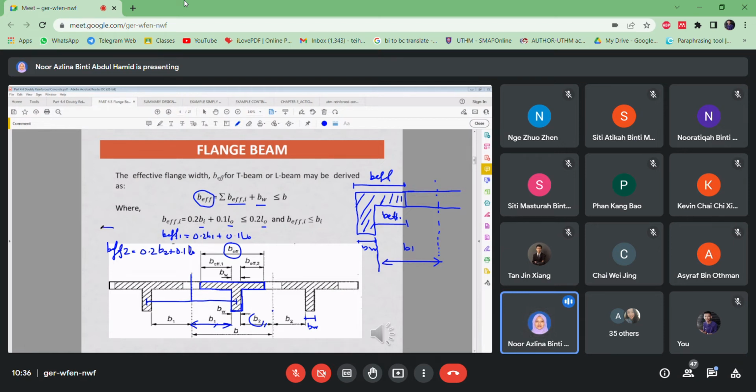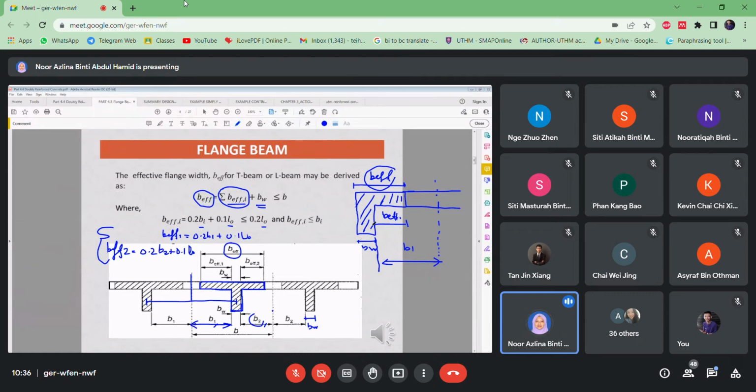Then total of B effective 1 plus B effective 2, ni lah maksudnya total of all the B effective 1 and 2. Then you need to plus with the BW in order to know the B effective of the T beam. Kalau L beam here only has B effective 1 plus BW, that is equal to the B effective for the L beam. Okay, so you need to understand this carefully.